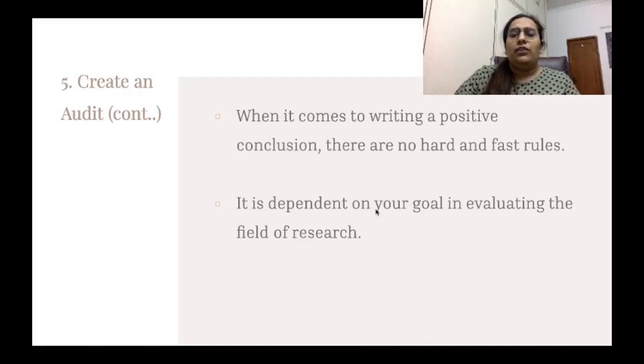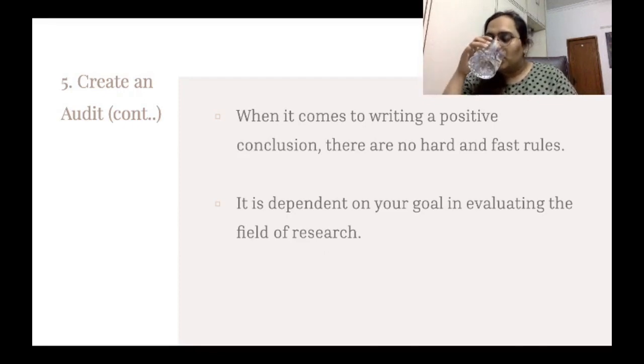It is dependent on your goal in evaluating the field of your research, right? The other person who is evaluating or explaining your theory of your research needs to be totally dependent on the thesis you are representing. So the person, while reading that thesis of yours, should straightforwardly say this thesis is about this thing.